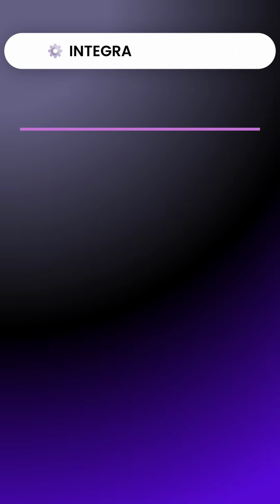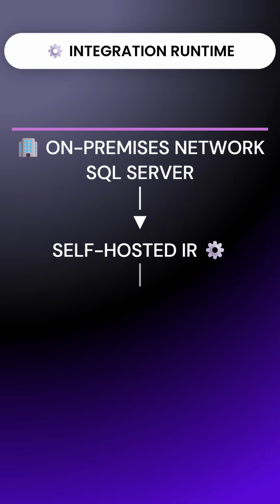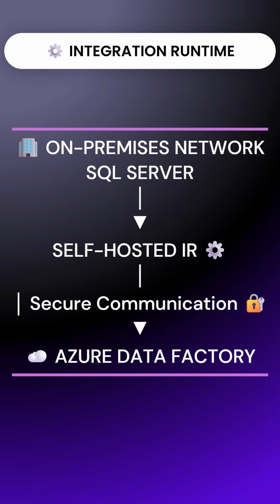For example, when your data source is inside an on-premises or private network, you can use a self-hosted integration runtime. It runs within your network and securely enables Azure Data Factory to communicate with that environment.